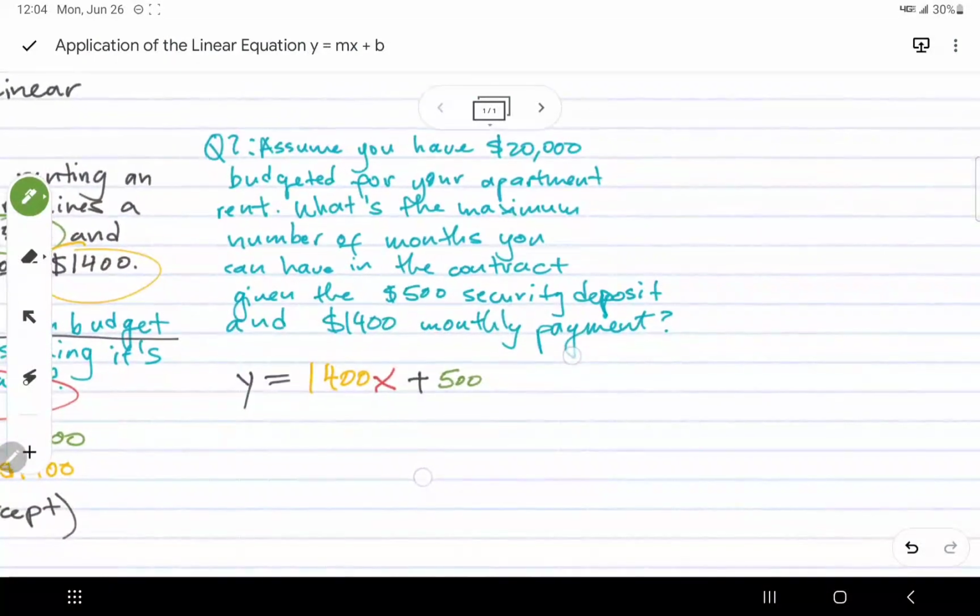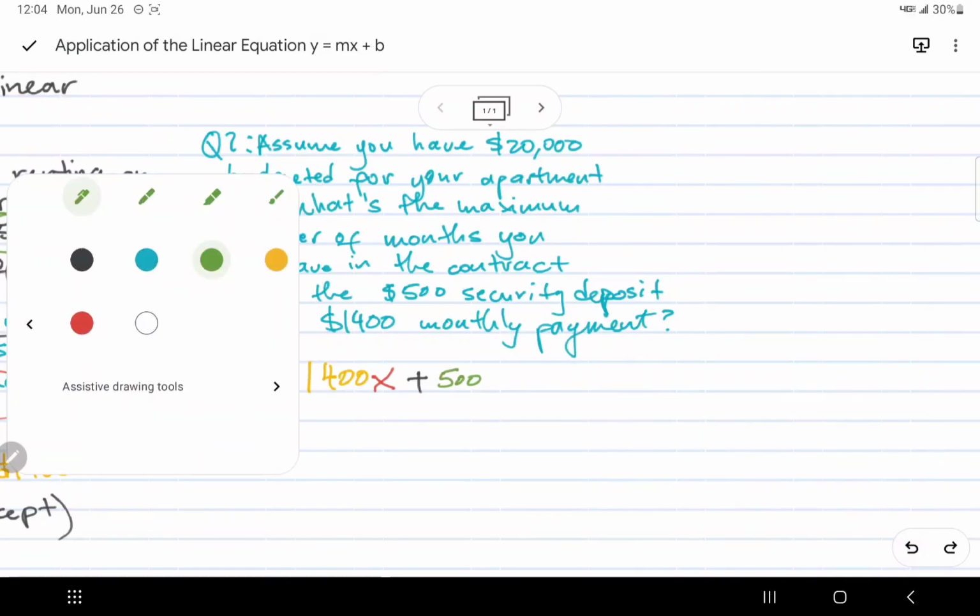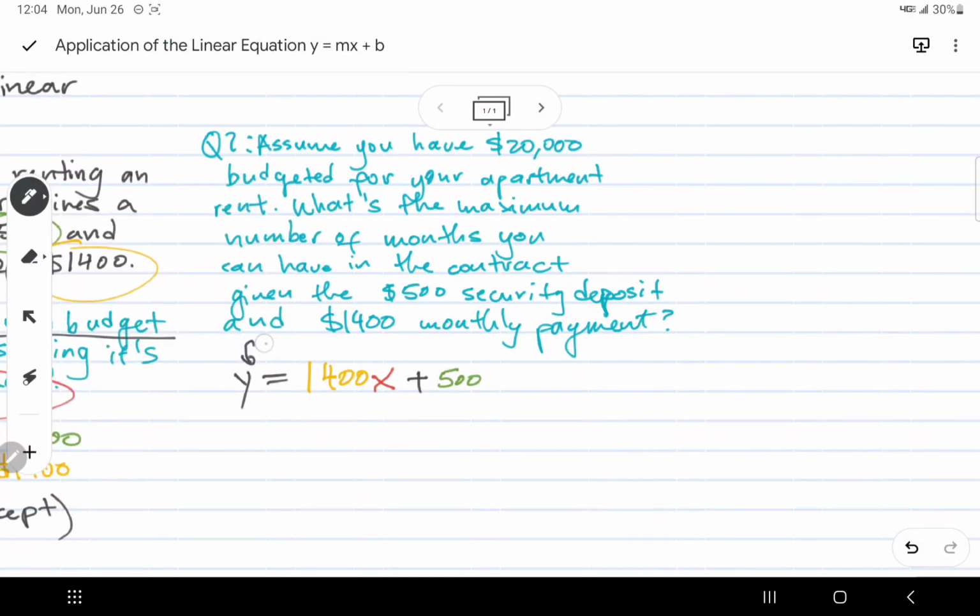Once again, you're more than welcome to pause this if you'd like to figure this out. Now, just to denote, remember this is the final cost, and this is number of months. We've written that down, but you can write it again if you'd like, and I'm just writing it as a reminder. Okay?